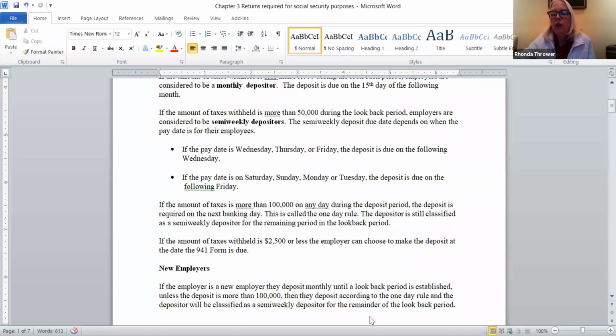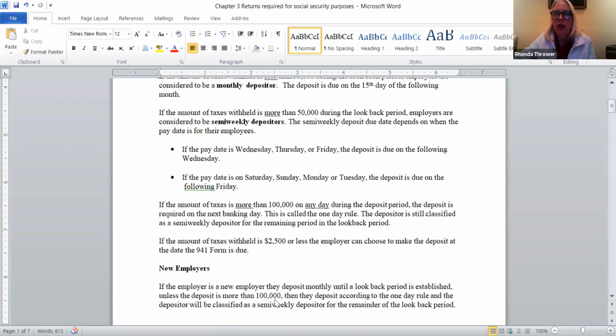If you are a new employer, the employer will deposit monthly until a look-back period is established. And that's unless the deposit is more than $100,000.